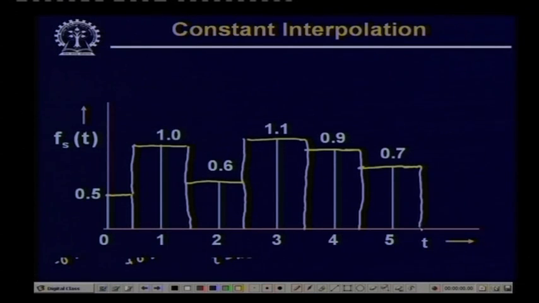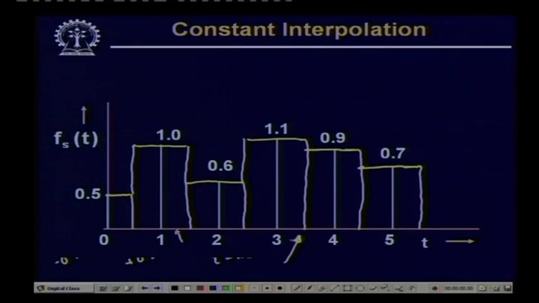And this appears to be a more reasonable approximation, because whenever we are trying to interpolate at a particular value of t, we are trying to find out the nearest sample to that particular value of t, and whatever is the value of the nearest sample, we are simply copying that value to this desired value of t.